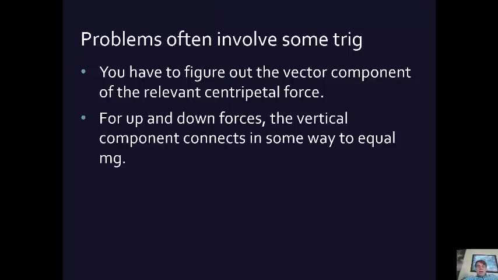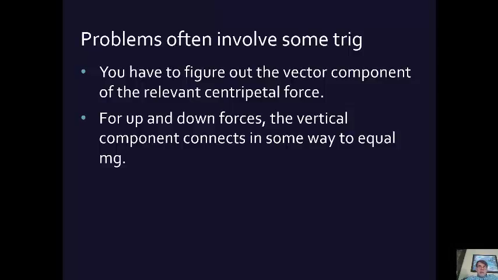And then for up and down forces, in that conical pendulum you have the force of the weight of whatever it is that's swinging, mg, which is pointing down, but then you also have the tension force of the conical pendulum that's pulling up. And it doesn't go up and down. It stays at the same vertical level.